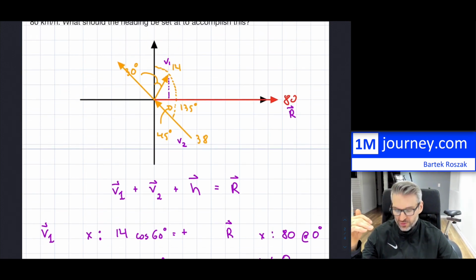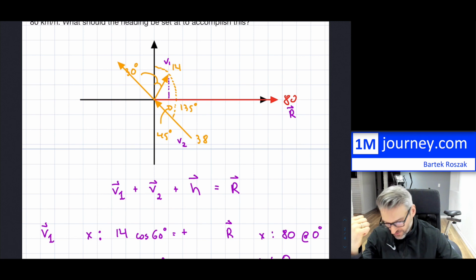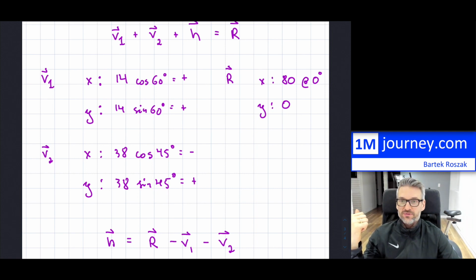My V2, because I moved it into the second quadrant, if I take the cos of 45 and the sine of 45, my x is now going to be negative in this direction, and my y is actually positive, right? So that's what I have in there, and I can find out what those values all are.